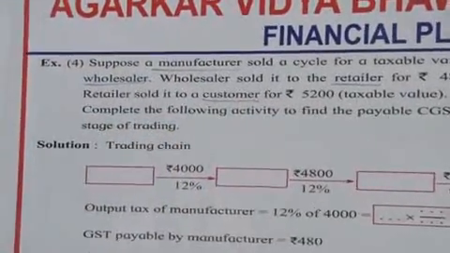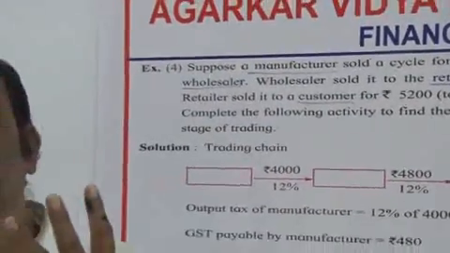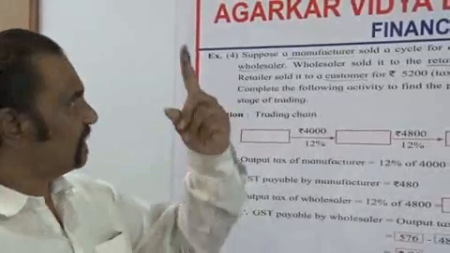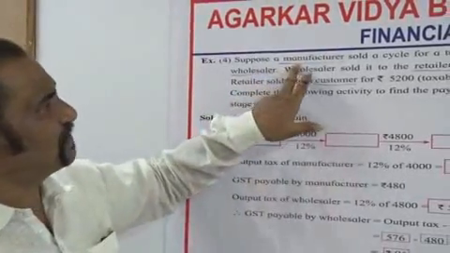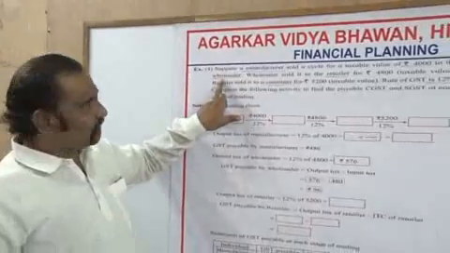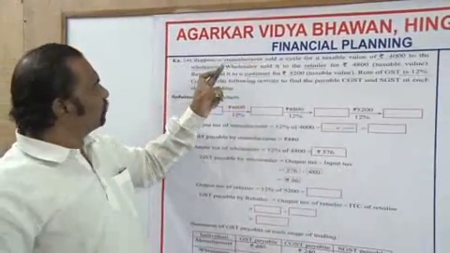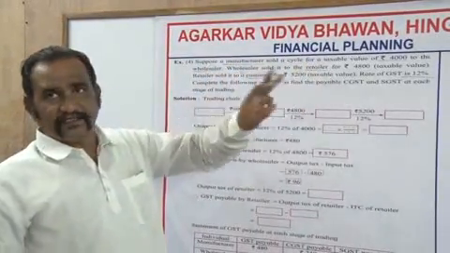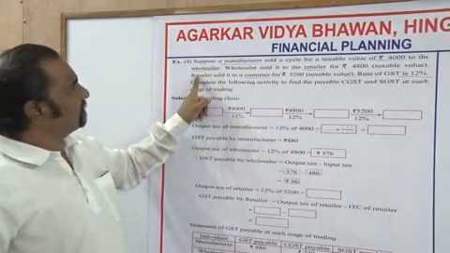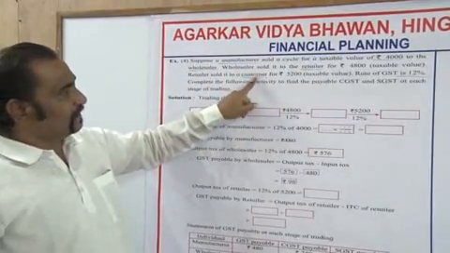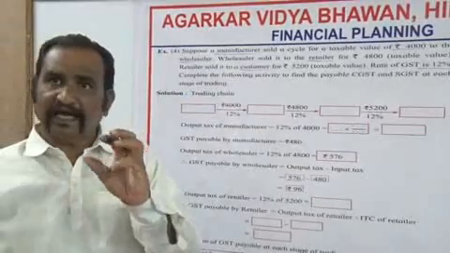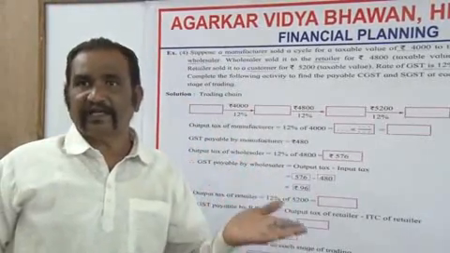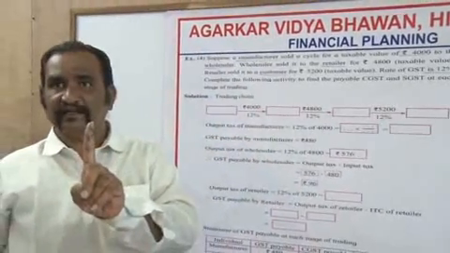How many stages of trading are there? There are three stages of trading. The first chain is between manufacturer and wholesaler, the first trading. The second is between the wholesaler and retailer, and the third one is from retailer to customer. They are just selling and purchasing one cycle.